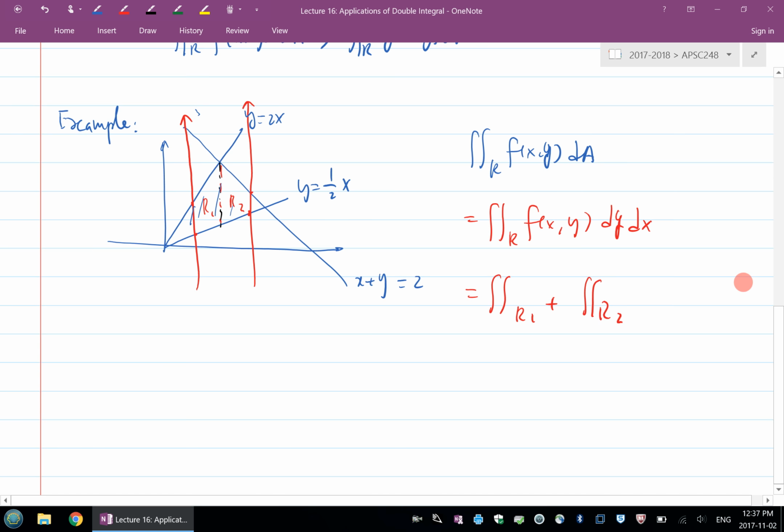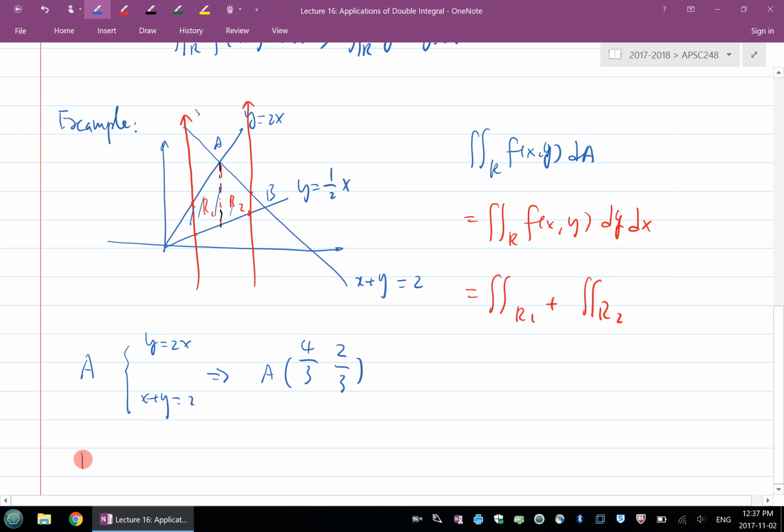Now, for the additive property, most often you have to figure out the intersection points, which helps you figure out the integration limits. Point A is the intersection between y equals 2x and x plus y equals 2. That gives us the A coordinates, which are 4 over 3 and 2 over 3.